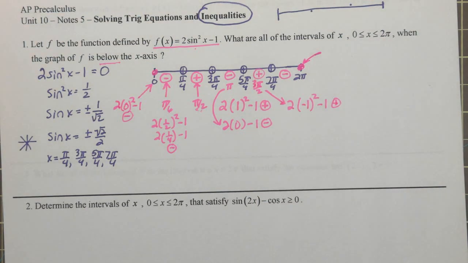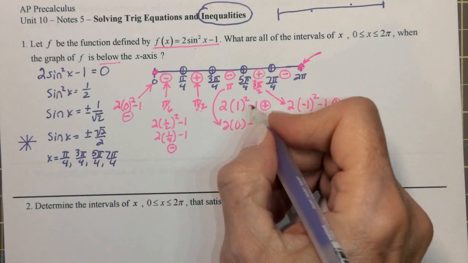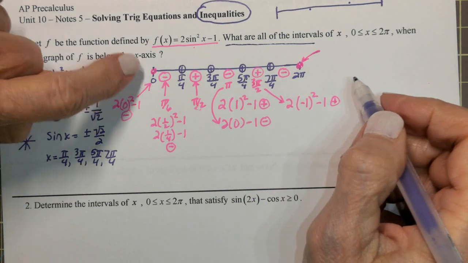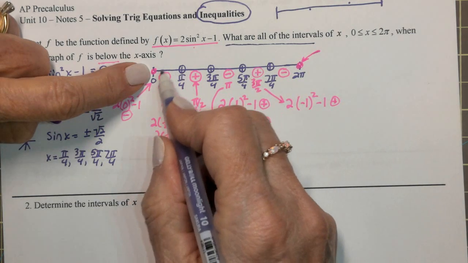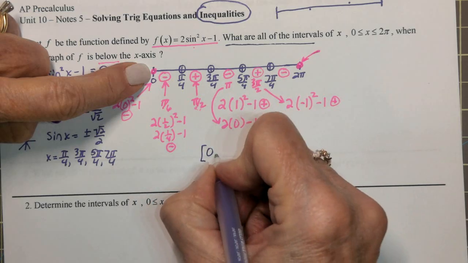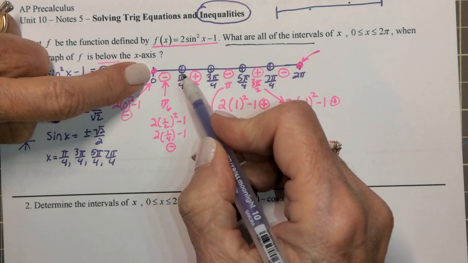So my answer here to this kind of long problem, what are all of the intervals? I want to keep all of the negative intervals. So 0, including 0, to pi over 4, not including pi over 4.